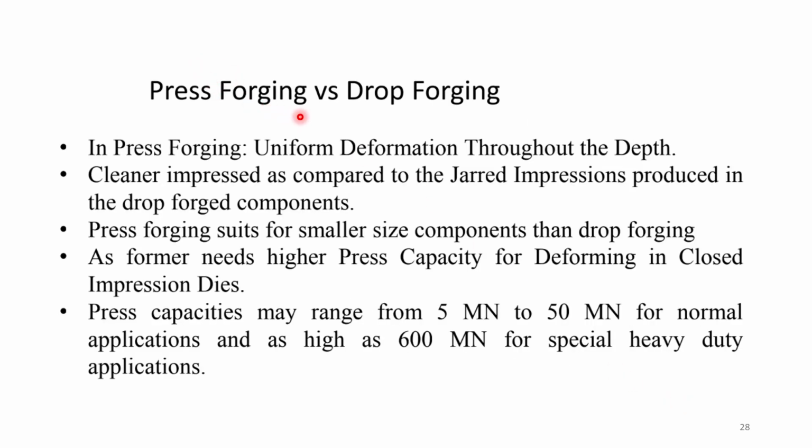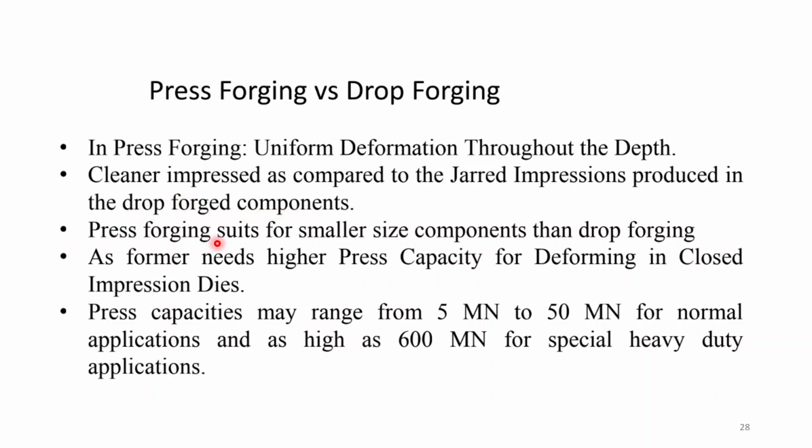Next is press forging versus drop forging. In press forging, you have uniform deformation throughout the depth, and it gives cleaner impressions as compared to the jarred impressions produced in drop forged components.